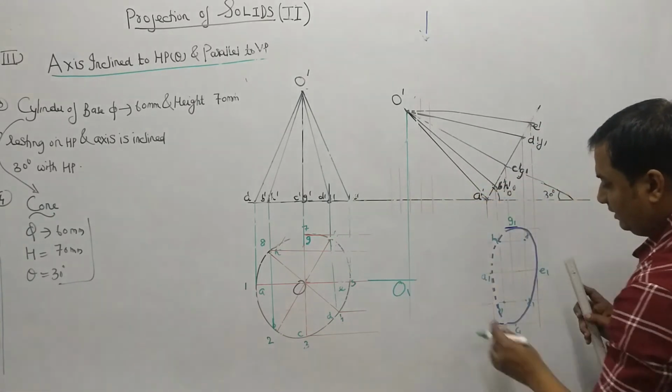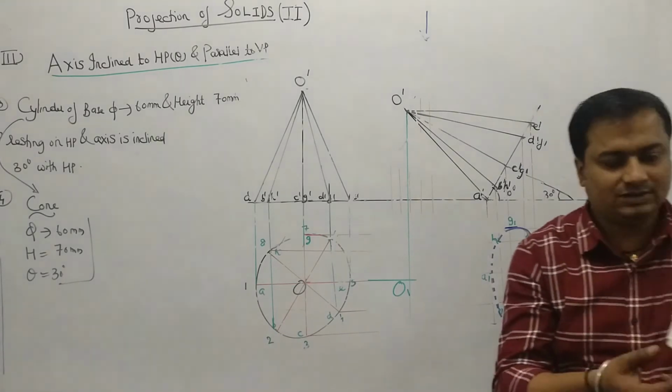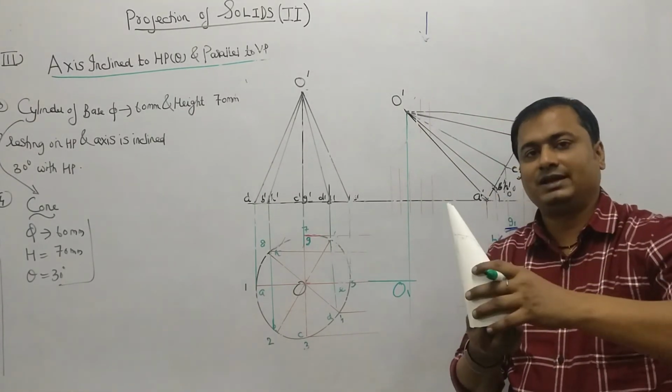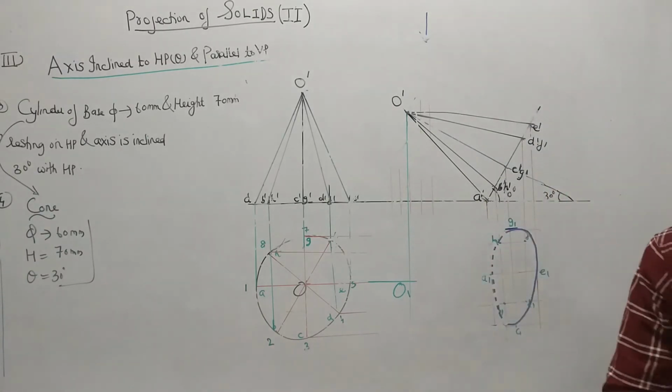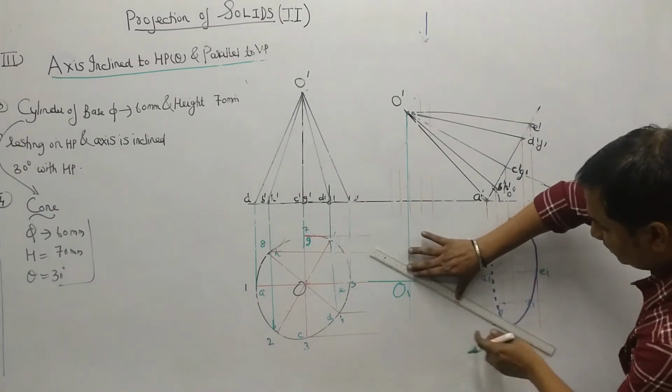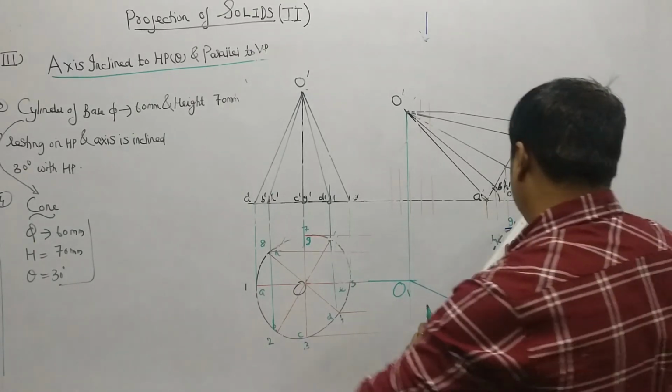This is my O1. I have told you that when you make the cone inclined like this, and see it from the top, you will get only two lines tangent to that ellipse. So you have to just join this vertex tangentially with that ellipse.